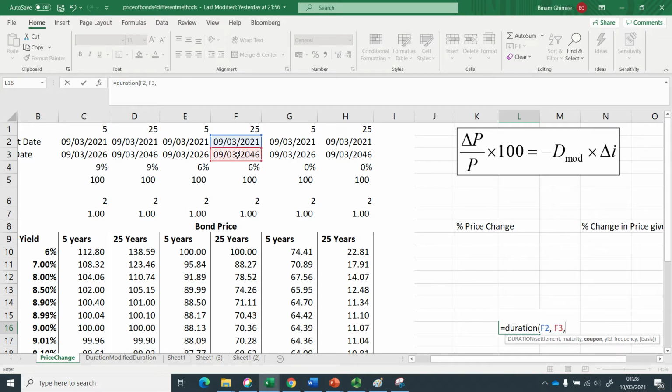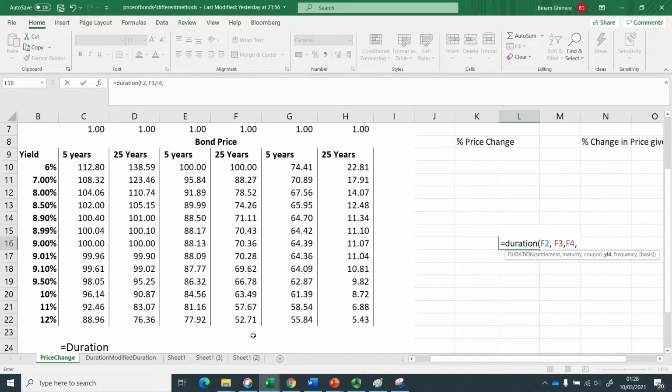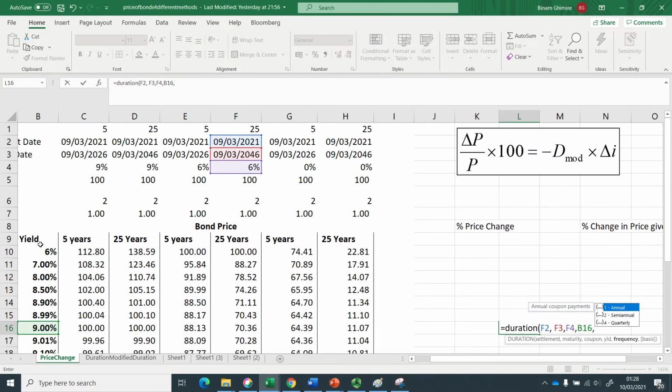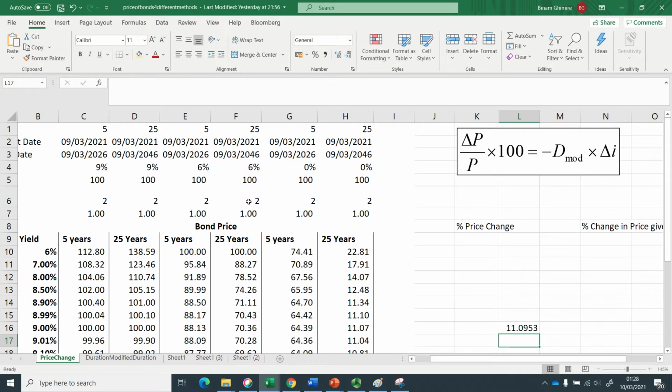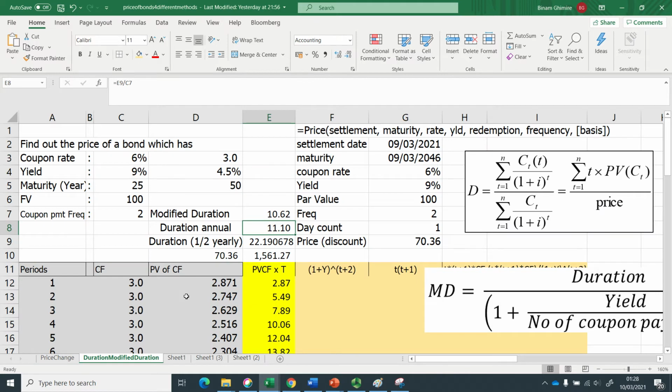Then you need the coupon, that's 6%, the rate of coupon. Then the yield for this bond, 9%, and then the frequency, which is 2, and the basis, you don't need to worry, just leave it, and you get 11.0953.